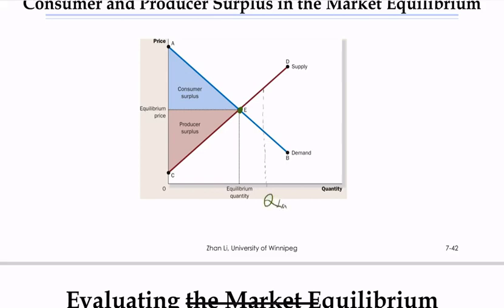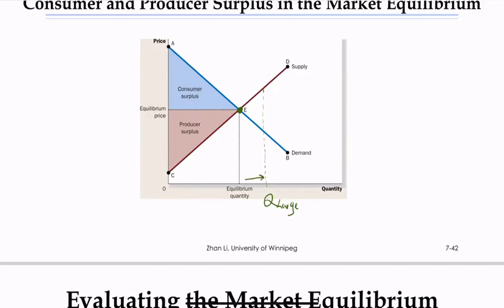So let's call this Q large. Now, under this quantity, can we get higher market efficiency? That is, can total surplus increase if I move from the equilibrium quantity to this alternative larger quantity? Well, the answer is no.